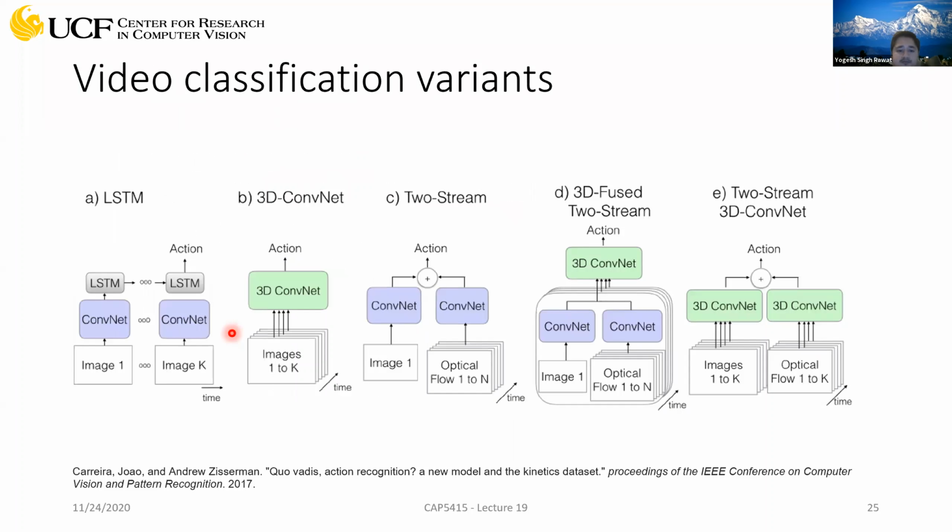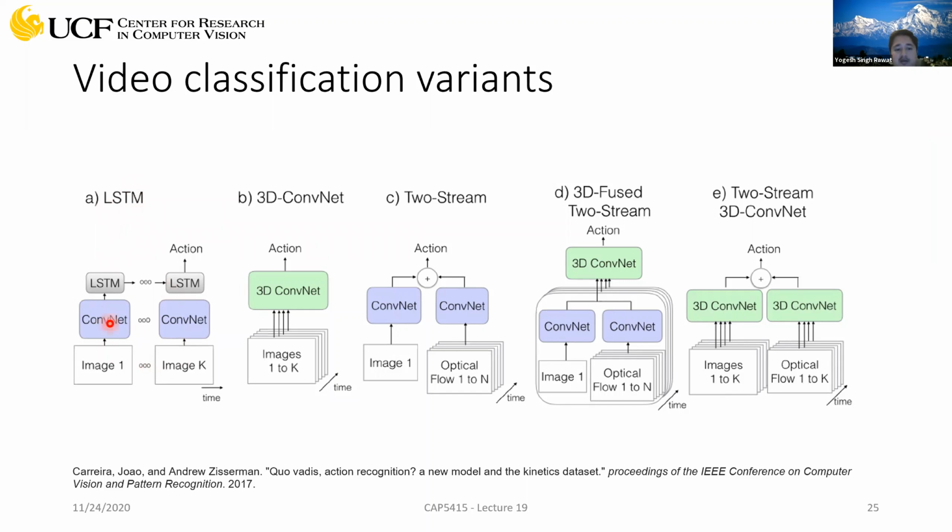Okay, so now let's see what the different variants in terms of network architecture are which can be used for video classification or action recognition. This first one is called LSTM, a long short-term memory. We will talk about this today, and it is a recurrent network.